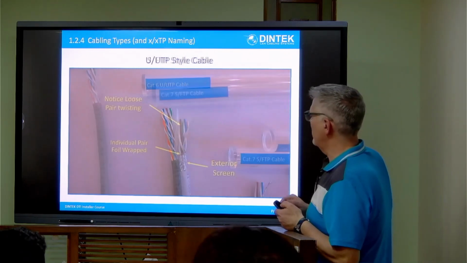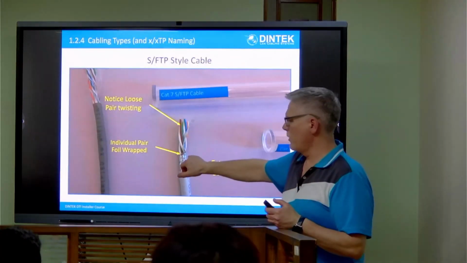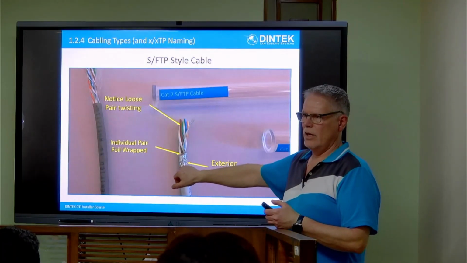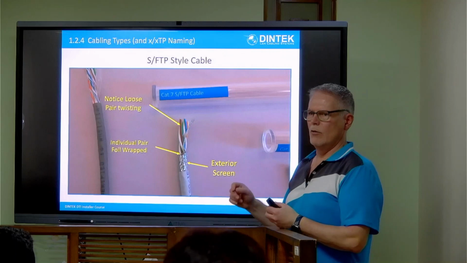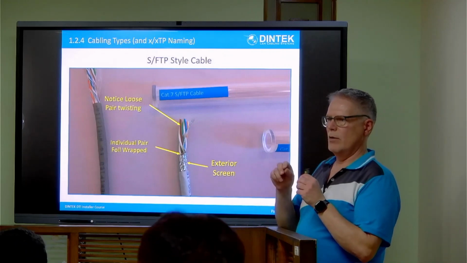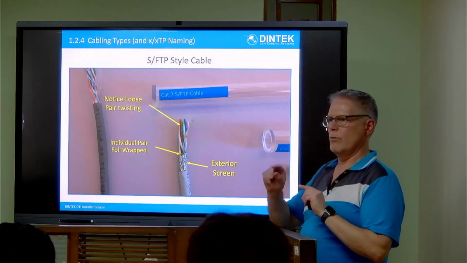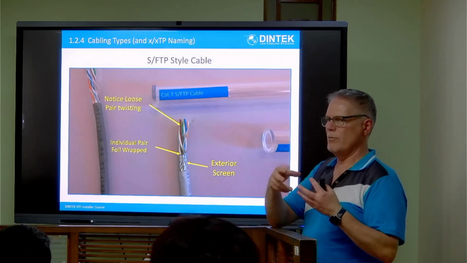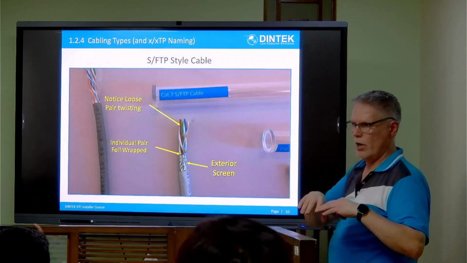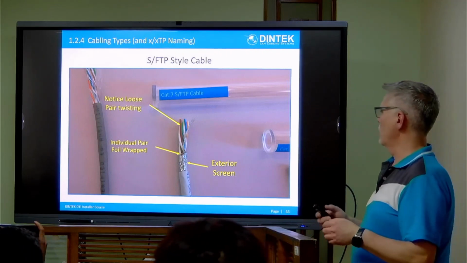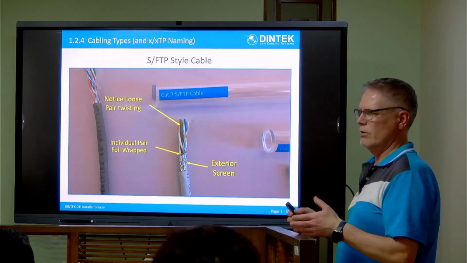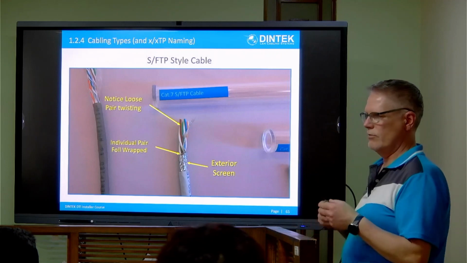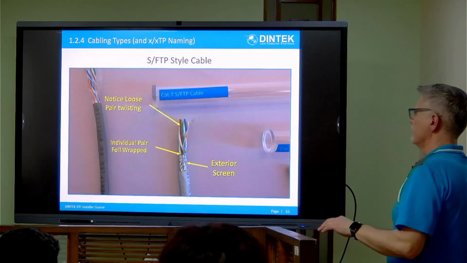But when we come back to here, and we have foil around each pair and a shield around the outside, we've got very low interference between the pairs, so we don't need as many twists. The requirement for differential mode is lower. So you'll always find these cables, even though they're running high frequencies, don't have that high twist.